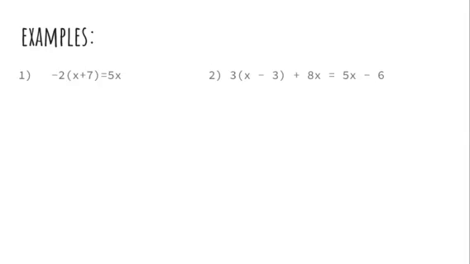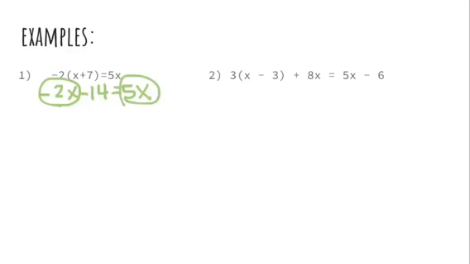Here we have -2 times the quantity of x plus 7 equals 5x. Need to distribute first. And I see I have x's. I need to get those on the same side.